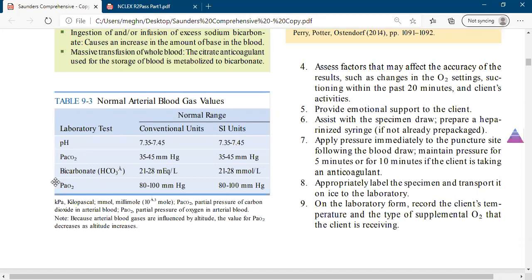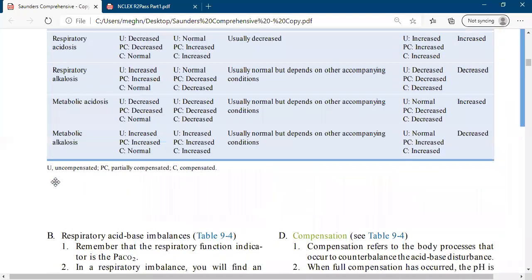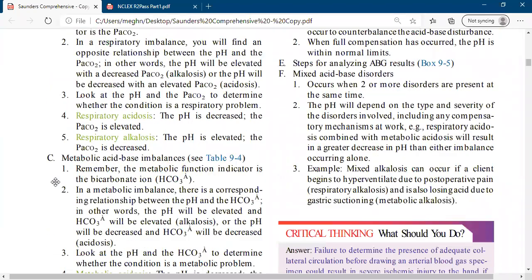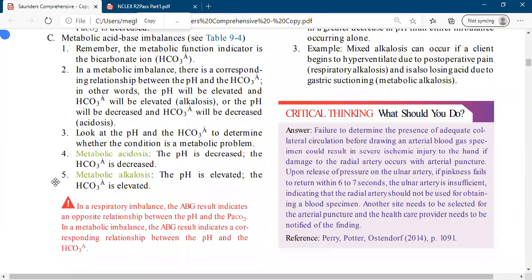So to answer questions on the NCLEX board, we must know the normal values of pH, partial pressure of oxygen, partial pressure of carbon dioxide, and bicarbonate ion.